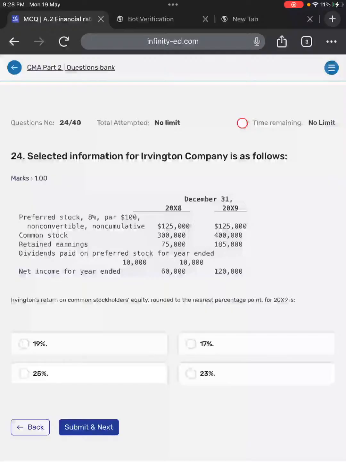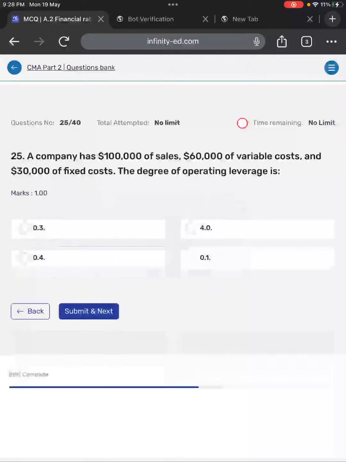The net income of 1,20,000 minus preferred dividend 10,000 is 1,10,000, divided by 4,80,000, equals 23%. 23% is the correct answer, I hope so.